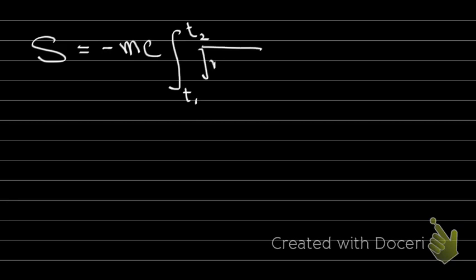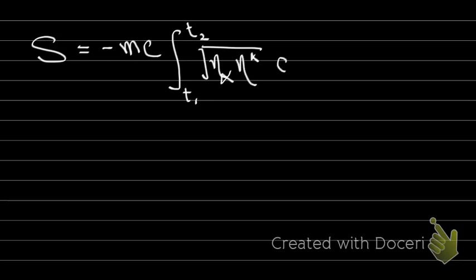Now with this Lagrangian, remember from your action how the action integral could be written, as we derived in the previous video. With this definition of the Lagrangian, the action integral can be written as negative mc times the integral from some t1 to t2 of the square root of eta alpha eta alpha d tau.